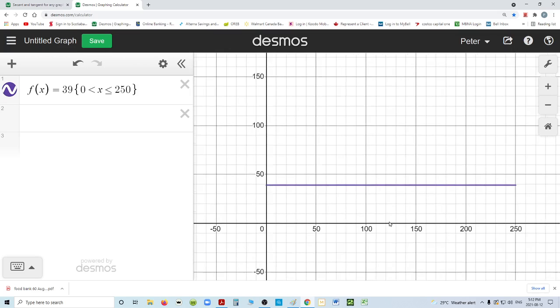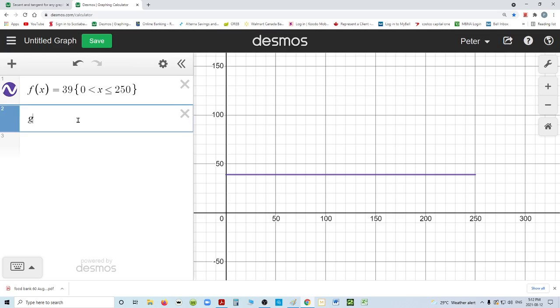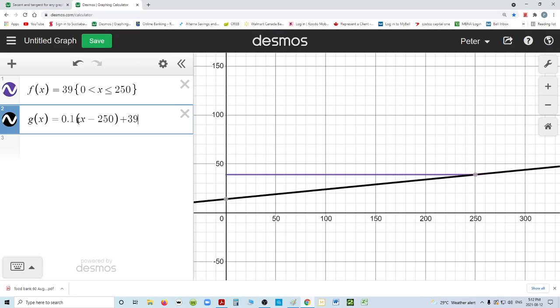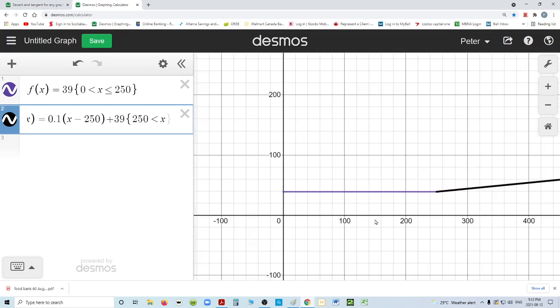And there it is ending. And then you can do a second value that is equal to 0.1 times x minus 250 plus the $39 for values where 250 is smaller than x. There we go. And there's the two functions.